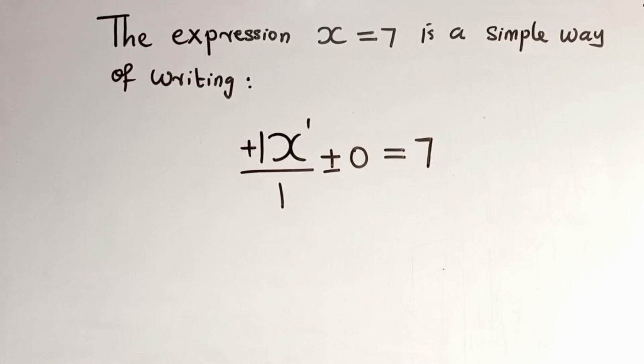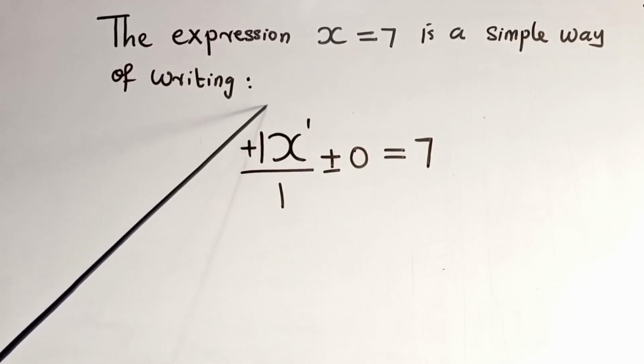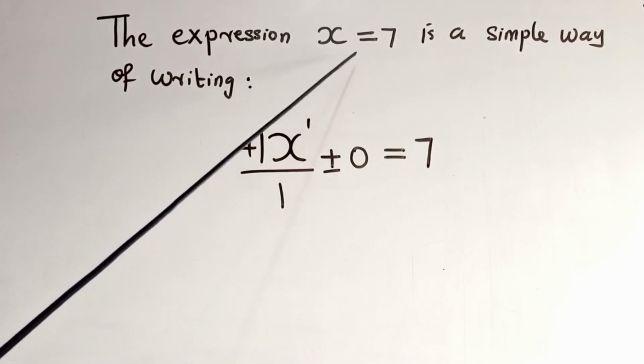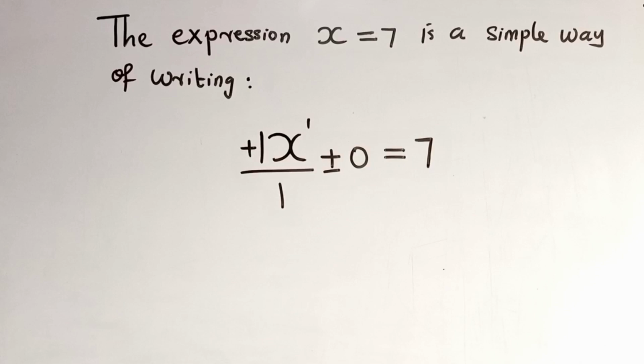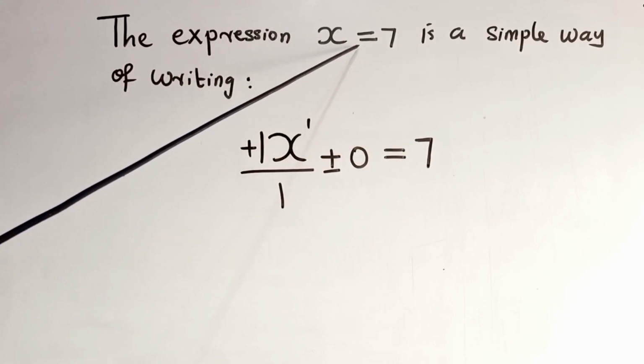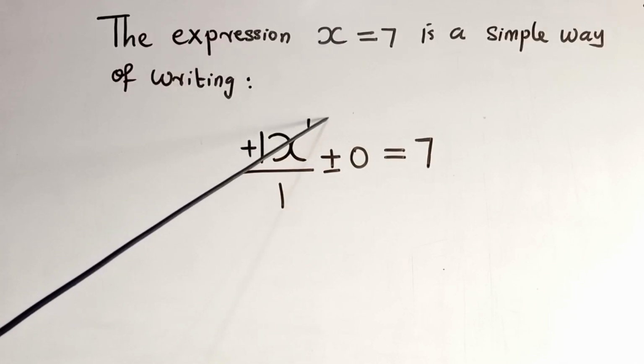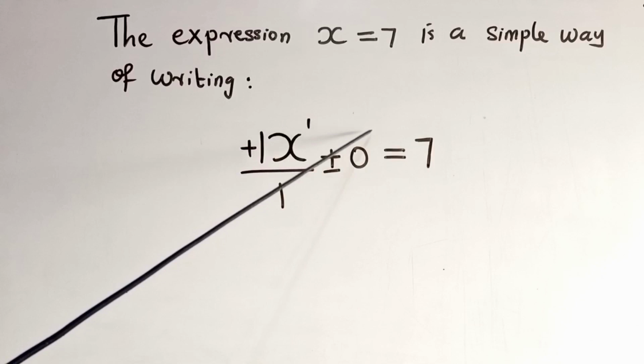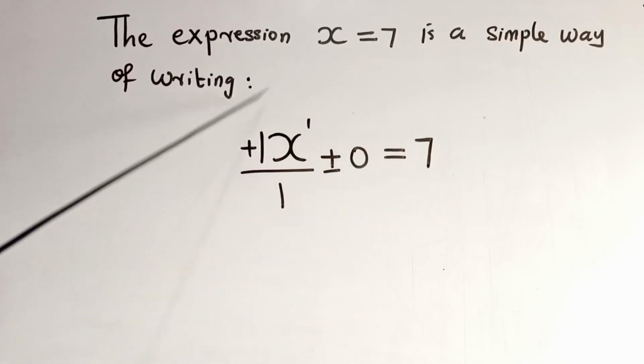Therefore, the expression x is equal to 7 is a simple way of writing it like this. This is supposed to be the complete expression of an answer to an equation. But look at how it has become. Simpler here, more complex here. What it thinks is that this is revealing the things we simplified to make it become this.